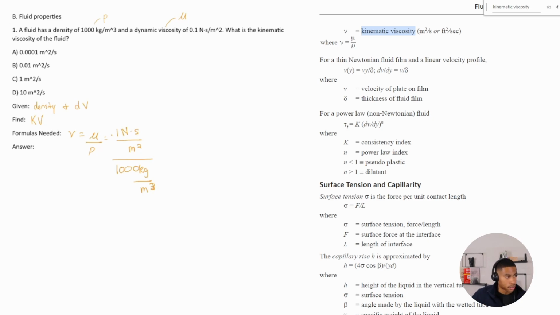Okay, so what's the problem here? The problem is our units don't cancel out. All right, so we have kilograms over meters cubed. Okay, we got this Newton seconds going on.